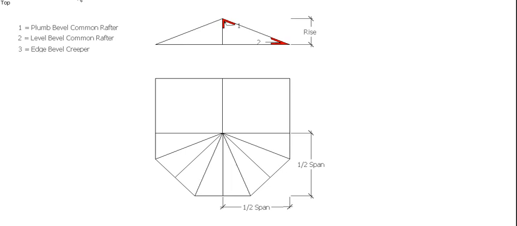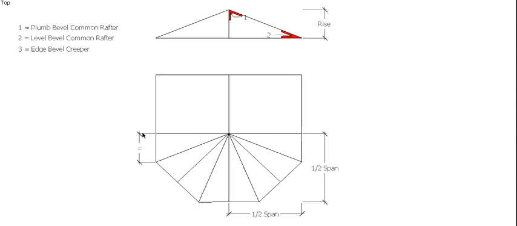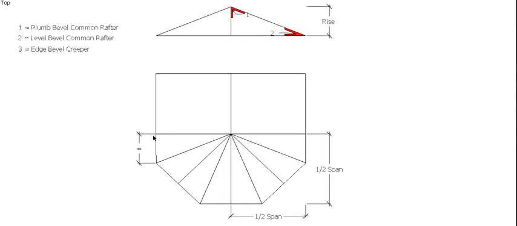To work out the edge bevel creeper, again, what we've done in the past is we've drawn in here a creeper member coming onto the rafter, but because this is going to be a fairly small distance, I'll do this one full size. So instead of drawing in a creeper, I'm just going to use my centering rafter as my line, and we'll use this as our level line distance.